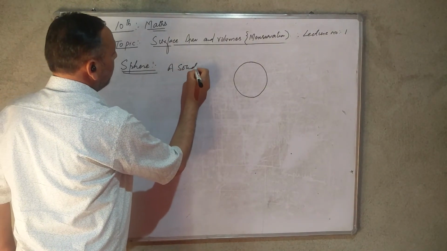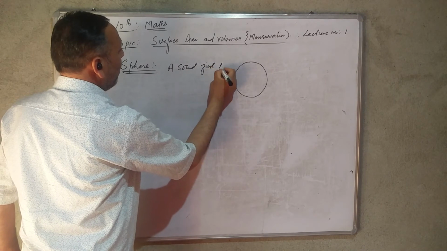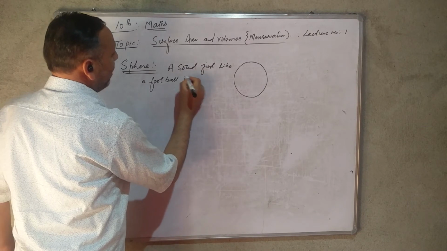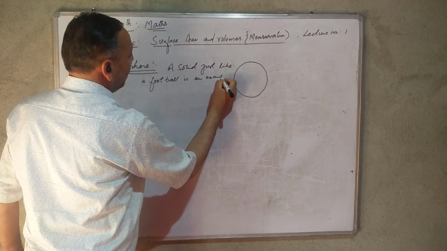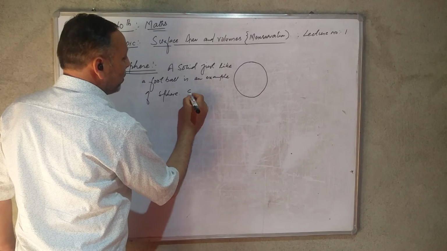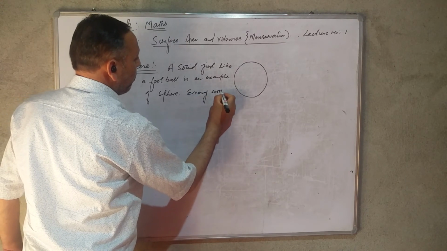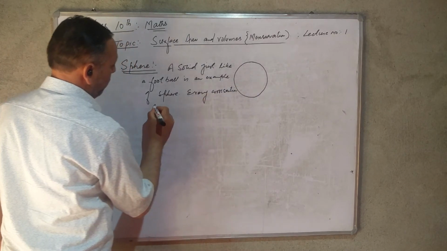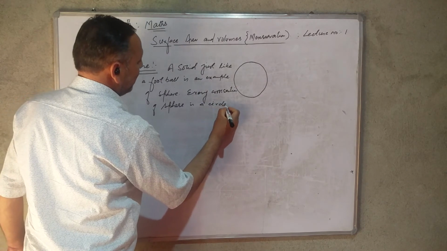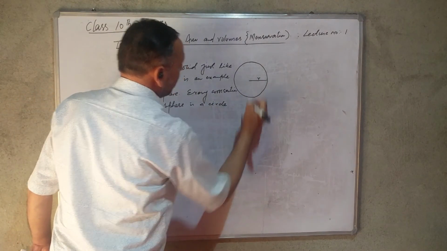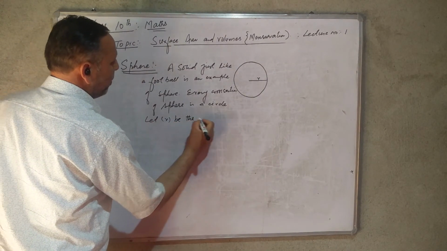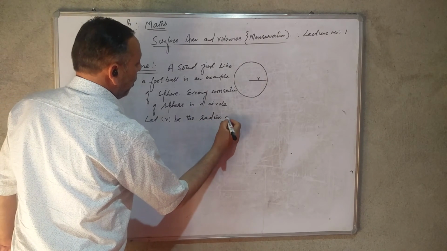A solid just like a football is an example of sphere. Every cross section of sphere is a circle. Let us have a sphere of radius r. Let r be the radius of the sphere.